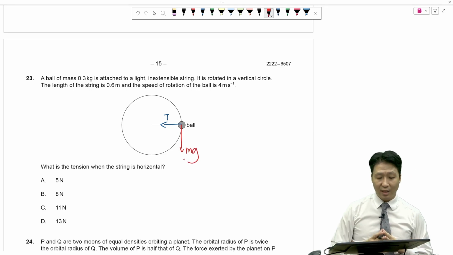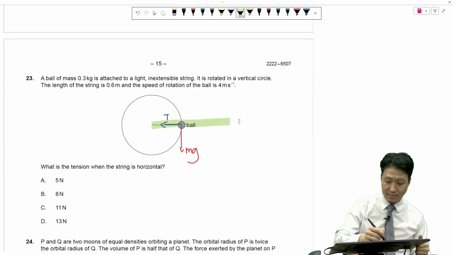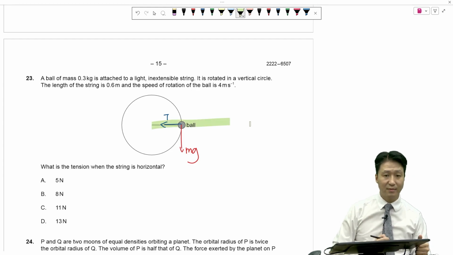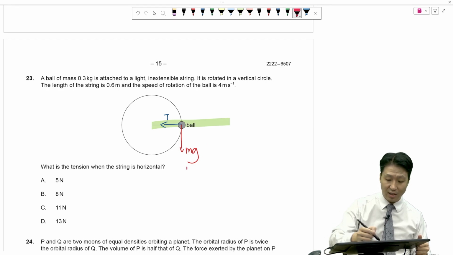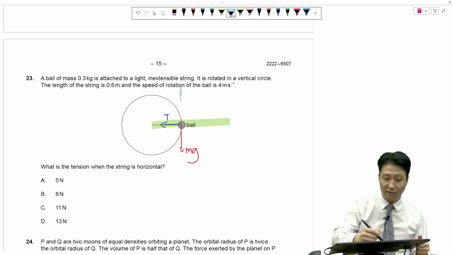Now, in order to make something rotate, you have to have a force towards the center in this direction. The force of gravity does not contribute to that force. What that means is the force of gravity will make it go faster or slower. This is called a tangential force. But it does not turn the direction.